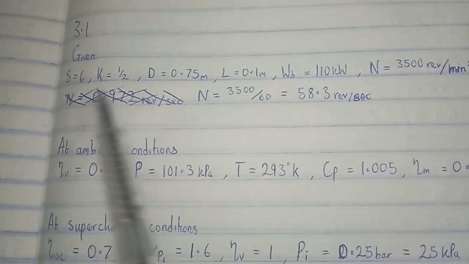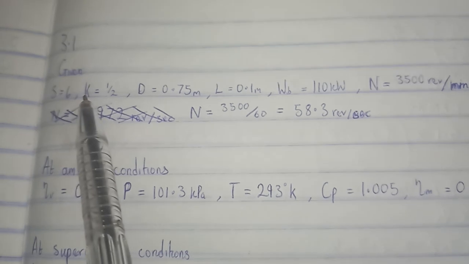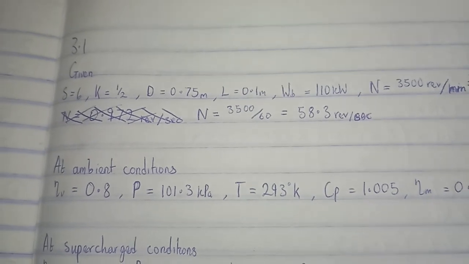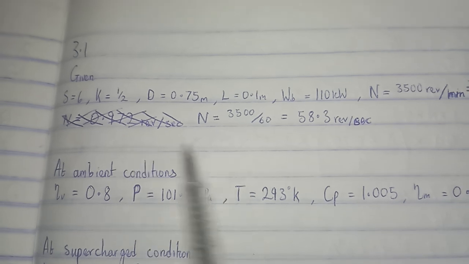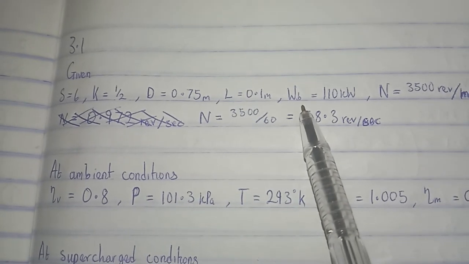Mind you, these first parameters are the general parameters for the engine. These are what we're working with at ambient conditions also. So this brake power here is the brake power at ambient condition.